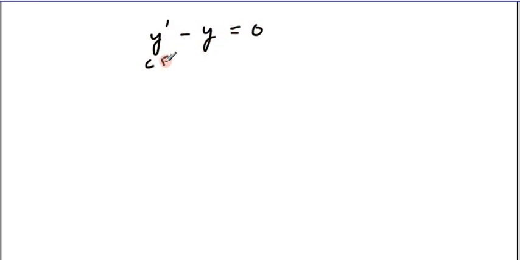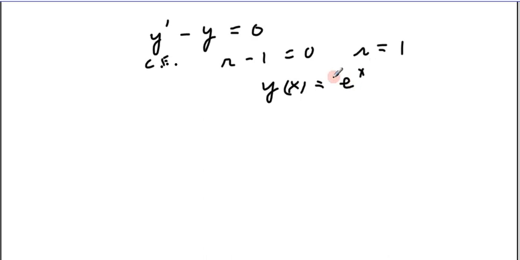This has a characteristic equation r minus 1 equals 0, so r is equal to 1, and y of x is equal to c1 e to the x. Well, clearly we wouldn't use this particular method on a problem like that because that's way too easy, so we're not going to do that.